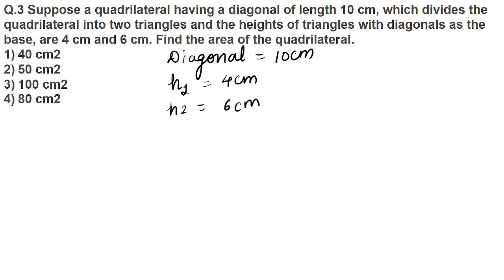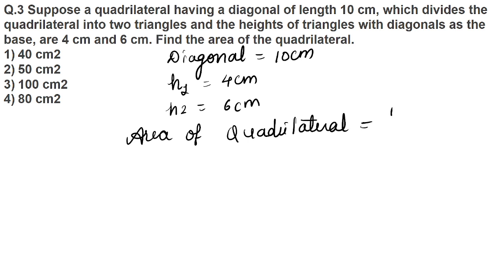Now, here you should know the formula for the area of the quadrilateral. Whenever they ask you to find the area of a quadrilateral and two heights are mentioned in the question, then the formula is half of D, D means the diagonal, into height H1 plus height H2.